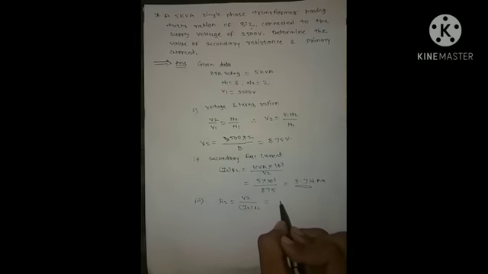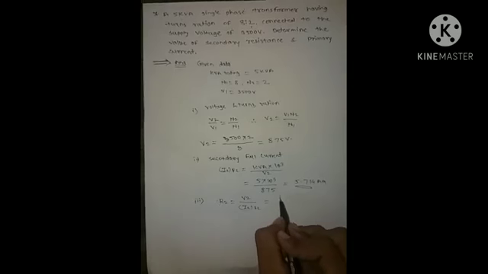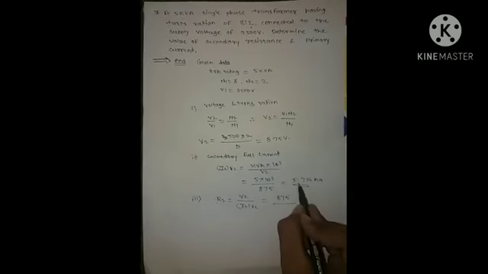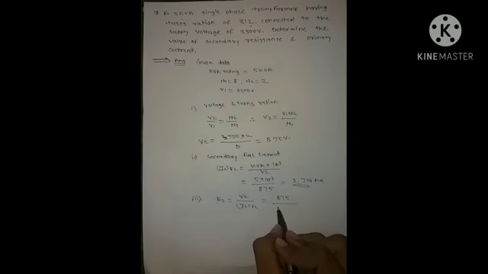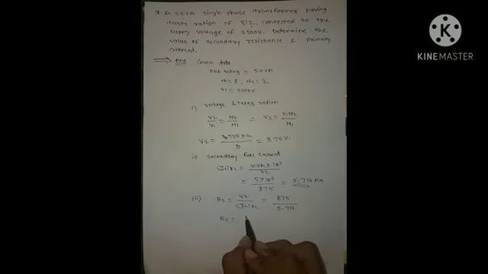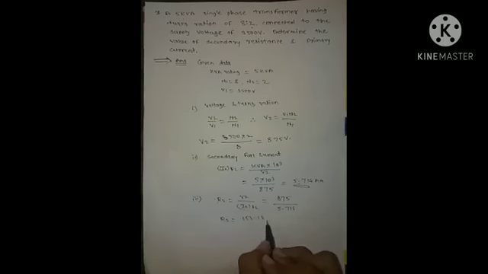We know that the V2 is 875 and I2 full load we calculated here and put this value here, 5.714. After solving this on calculator, we will get 153.13 ohm.